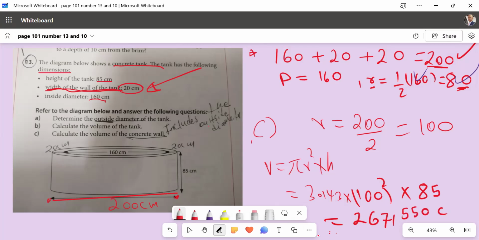And this must be measured in cubic units. So this is how we calculate the volume of the concrete of the wall.